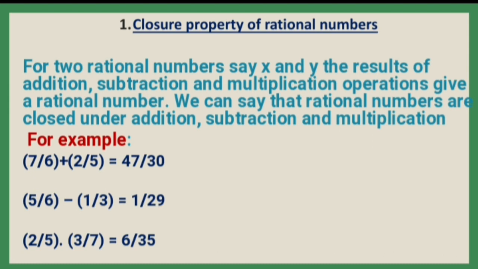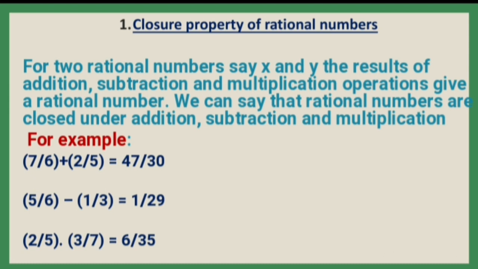In the same way, for rational numbers also we can explain it like this. You take any two rational numbers and add them. After addition, your answer is again a rational number, in fraction form. So you say that the closure property is satisfied.